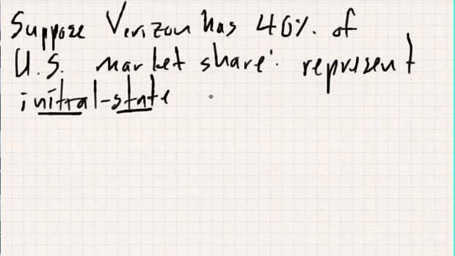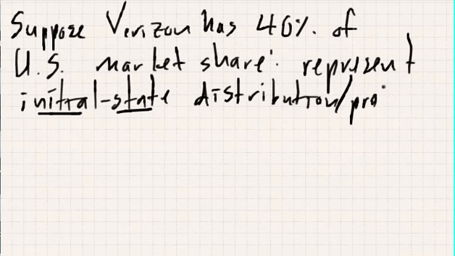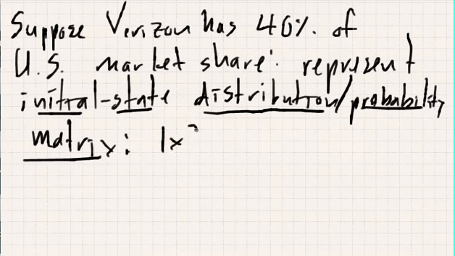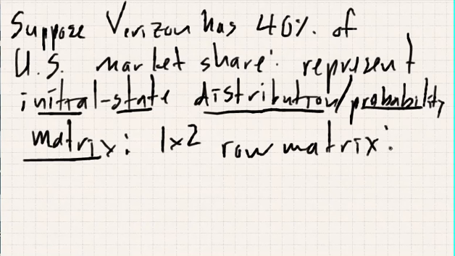The important thing here is initial state, but we could call it an initial state distribution or probability matrix. Now what this is going to be, at least in this case, is a 1 by 2, 1 row and 2 column matrix, and it represents the current state of the market.